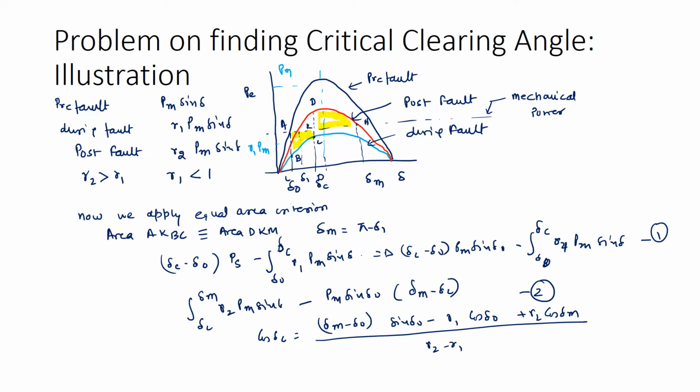So, this is a brief introduction to calculating the critical clearing angle. Beyond this delta C, expressions 1 and 2 will never be equal. So we need to keep this in mind while solving.